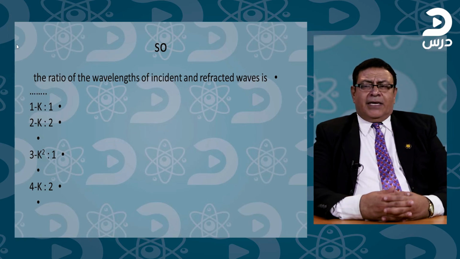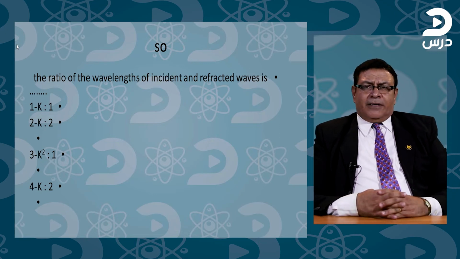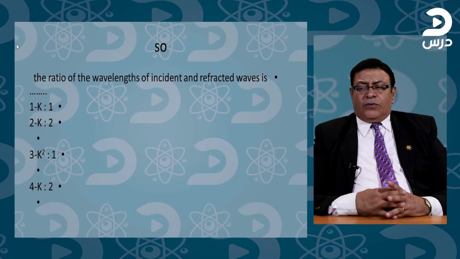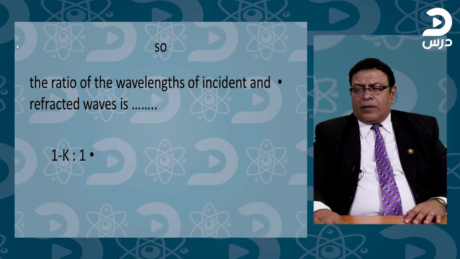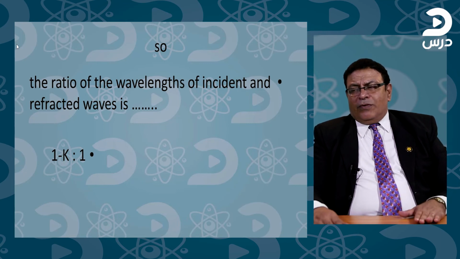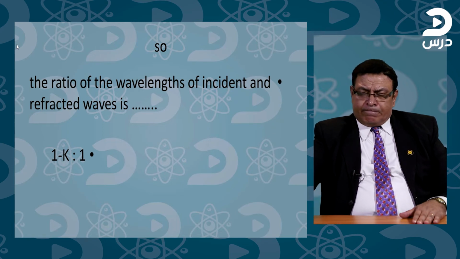Choose number 2, K to 2. Choose number 3, K square to 1. Choose number 4, K إلى 2. So طبعا هنا الريشيو between wavelengths of incident and refracted wave is K to 1.